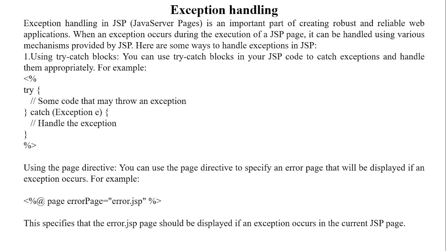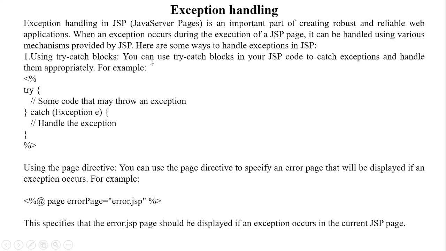So exception handling in Java is an important part of creating robust and reliable web applications. When exceptions occur during the execution of a JSP page, they can be handled using various mechanisms provided by JSP. Now here are some ways to handle exceptions in JSP. So I just put multiple ways that we can handle exceptions in JSP.